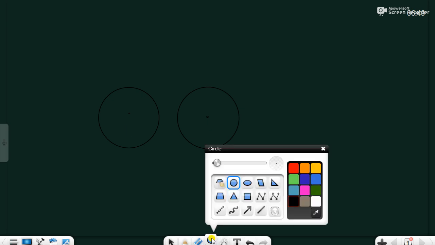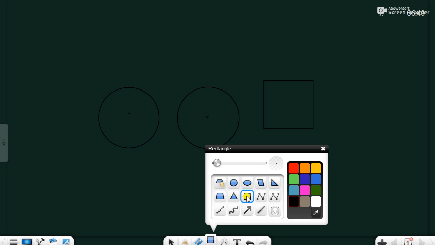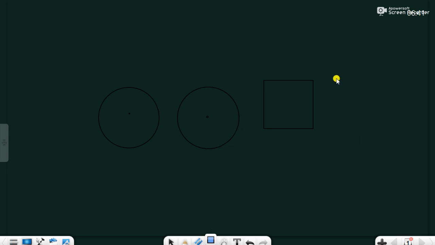Suppose we are taking two squares here, right? One square is here, and another square is this one. Suppose this is a square.